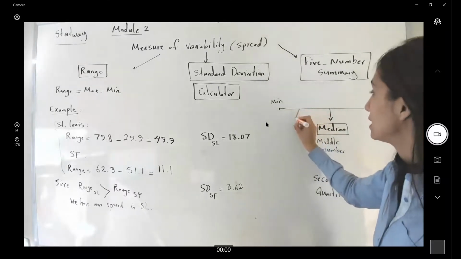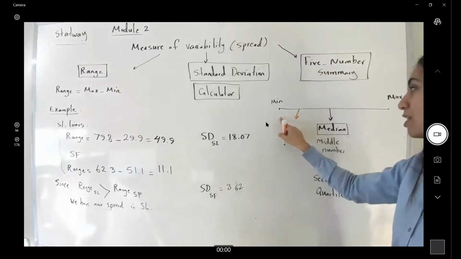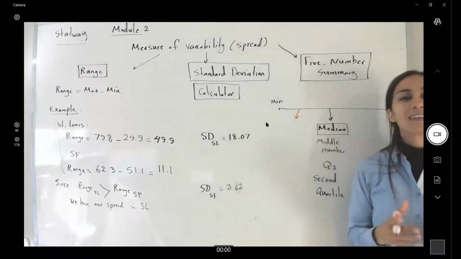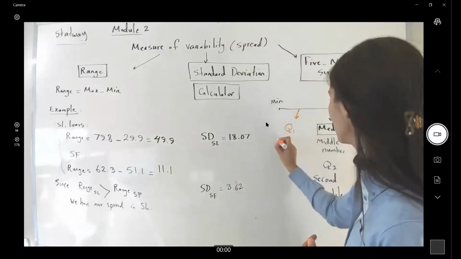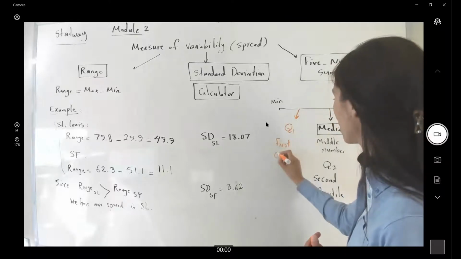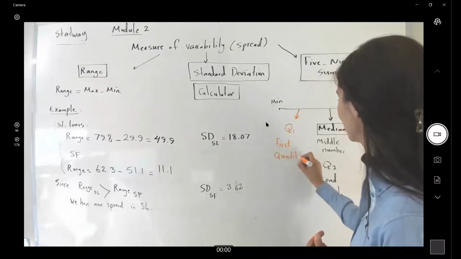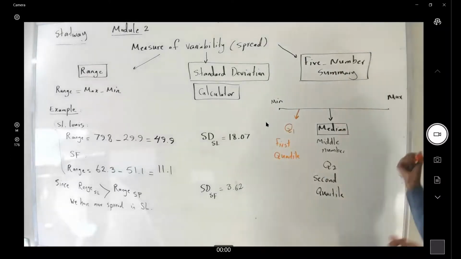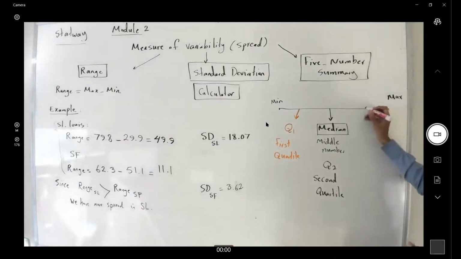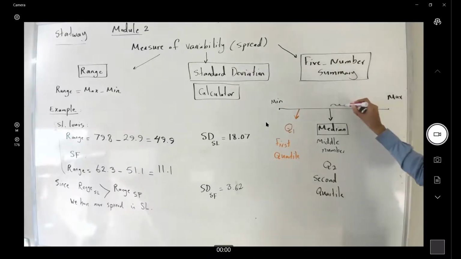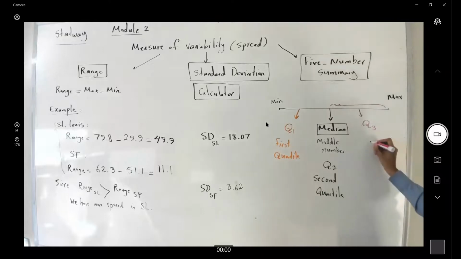We find the median of the first set of the data, and we call it the first quartile, Q sub 1. We're going to do the same thing for the second half of the data. We find the middle number, the median of the second half, and we call it the third quartile, Q sub 3.